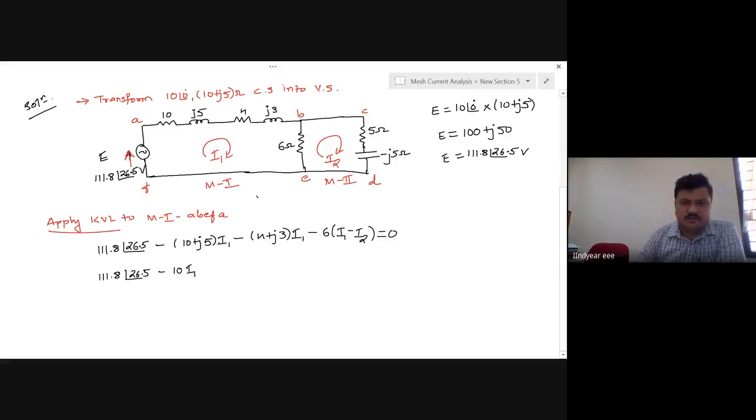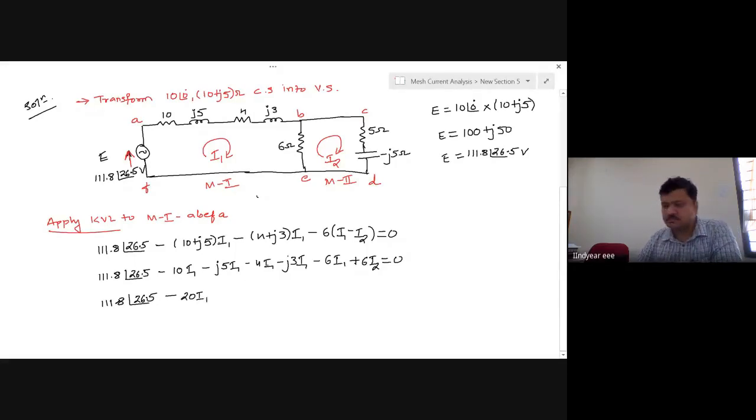Minus 10I1 minus j5I1 minus 4I1 minus j3I1 minus 6I1 plus 6I2 is equal to 0. Or I can write 111.8 at an angle 26.5 minus, for all the real terms, 10I1 minus 4I1 minus 6I1, that is minus 20I1.